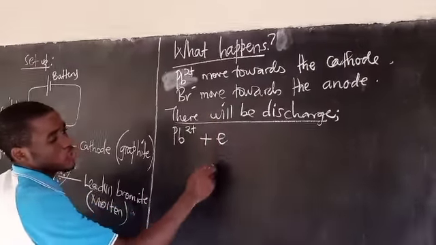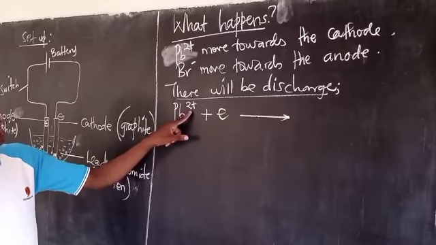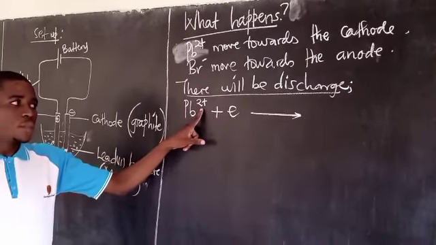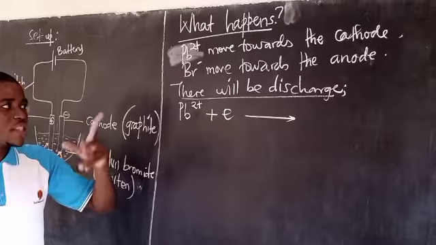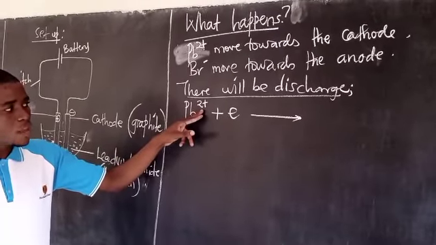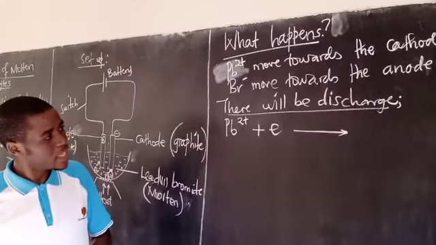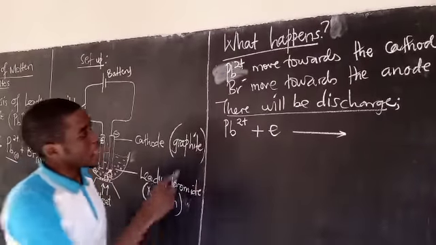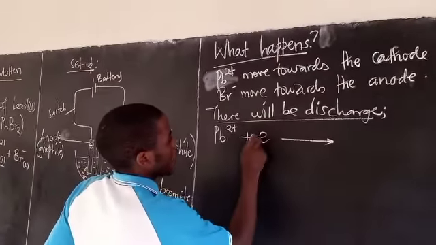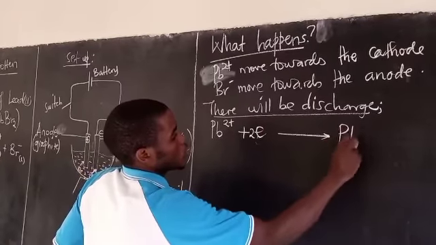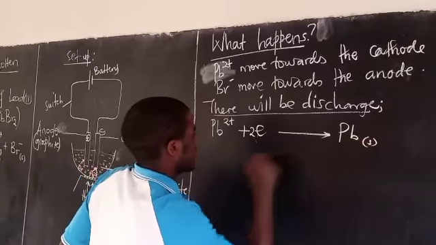But when you look at lead two ions, it shows you that it is deficient by two electrons. It is missing two electrons, possibly the ones it lost during bonding with bromide ions. An indicator that it will have to gain two electrons to form lead.